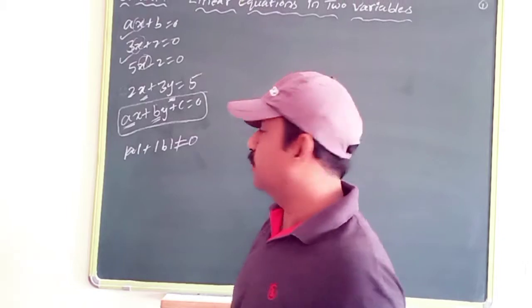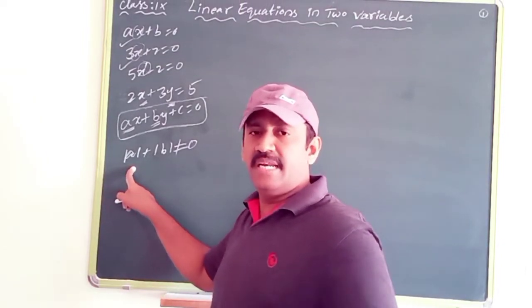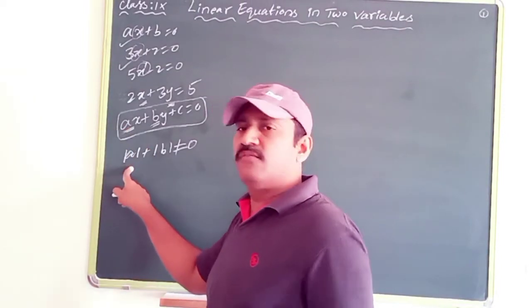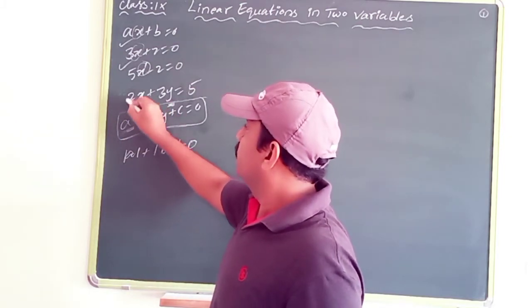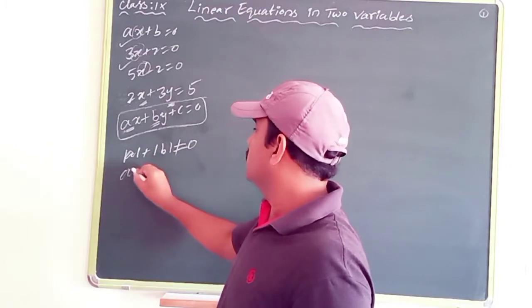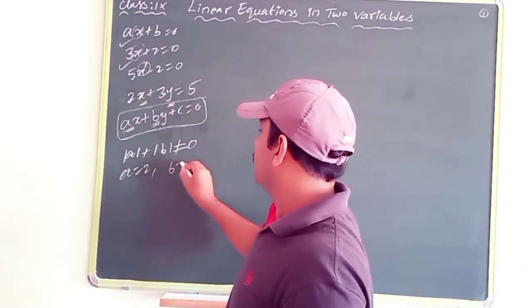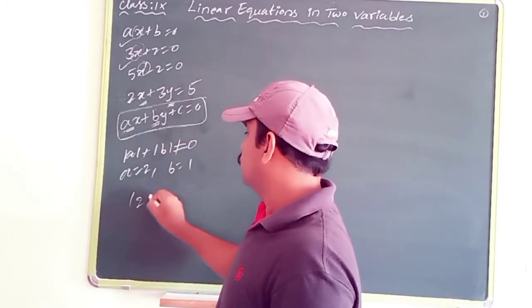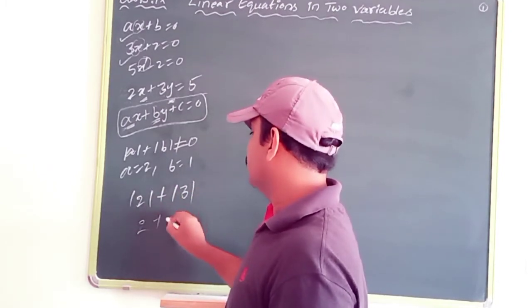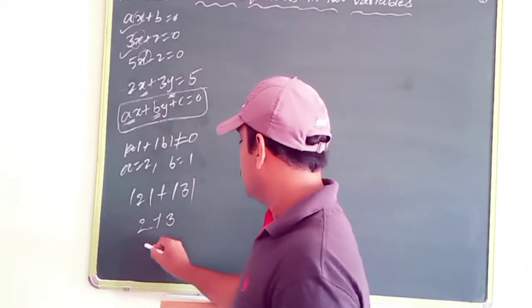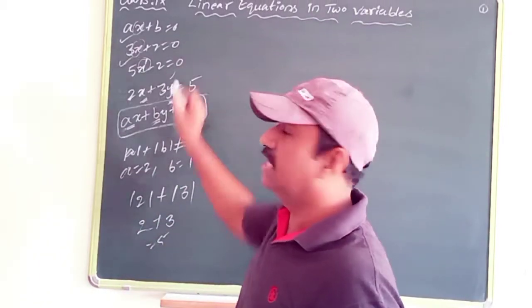Modulus means the absolute value of a number, for example 5, or for example minus 5. Take this example only: when we compare these two equations, here a is equal to 2 and b is equal to 3. So modulus of 2 plus modulus of 3: modulus of 2 is 2 only, modulus of 3 is also 3. The answer is 5, which is not equal to 0, so it is a linear equation.